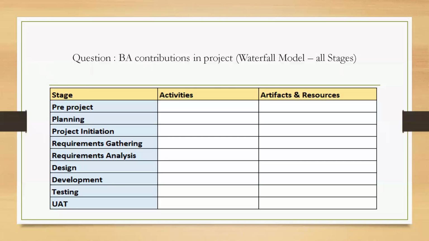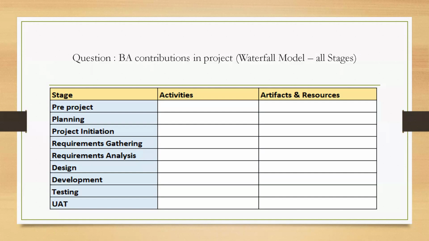So in the planning, we will estimate the time and budget, and the resources required to implement this project, and the timeline it takes to complete. Each and everything will be estimated in the planning stage and project initiation.